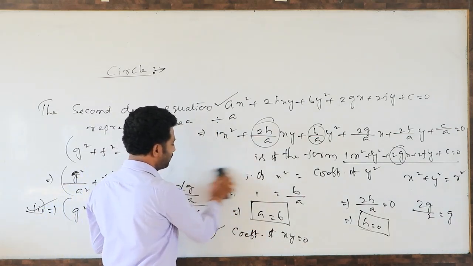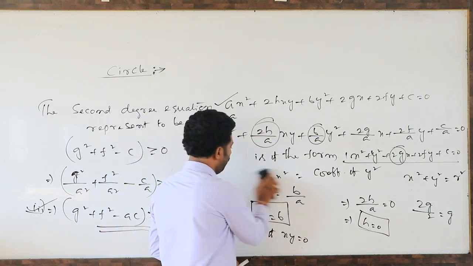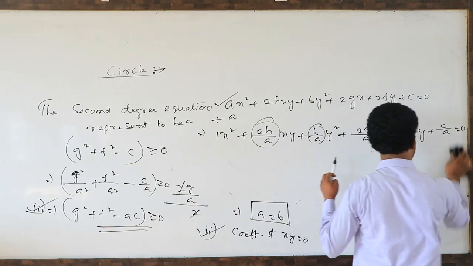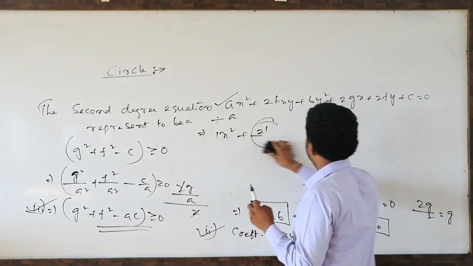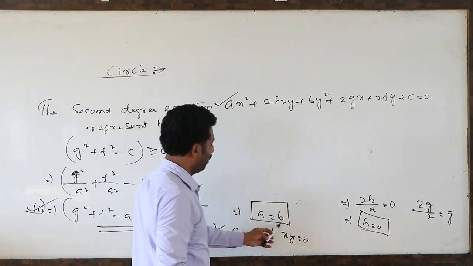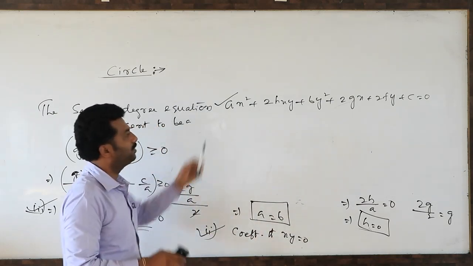So as per the first condition, a equal to b. If I substitute here, wherever b is there, I write a in this equation.